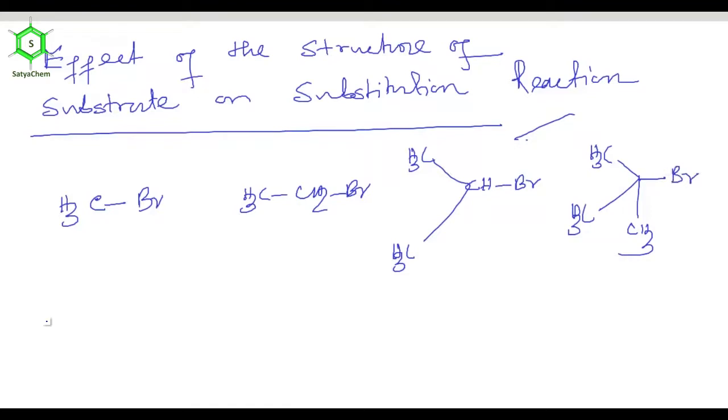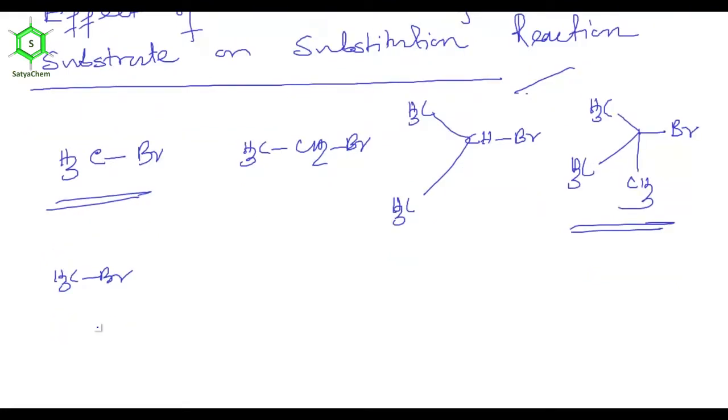Clear? So now we have the following observation. The first and last members, CH3Br and tertiary butyl bromide, undergo alkaline hydrolysis.